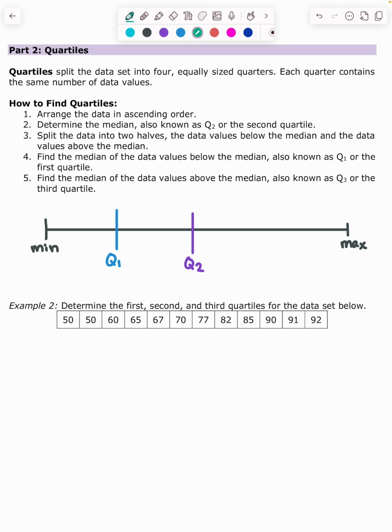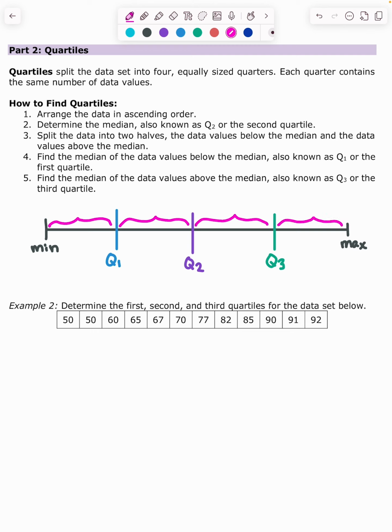And then we find the median of everything above Q2, and that's Q3. And that's how we get our 4 quarters. So this is a quarter, this is a quarter, this is a quarter, and this is a quarter.